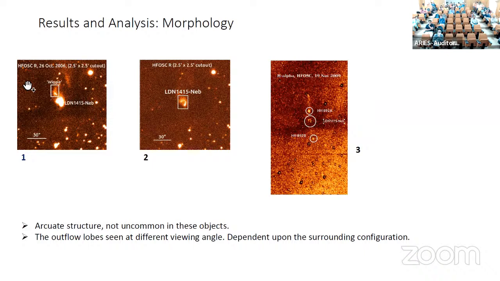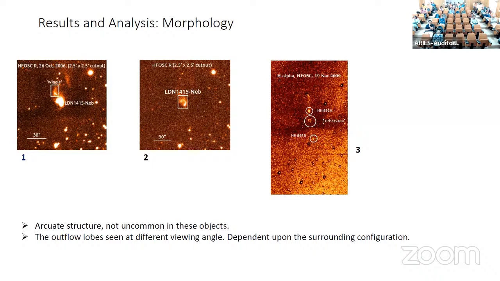There is a little beacon which I will talk about in a moment. After some time, when this optical nebula faded, it turned into an arc shape. That arc shape has been described as the angle of viewing of the lobes created by the outburst of these young sources.